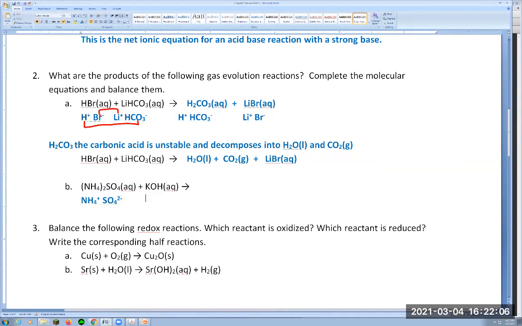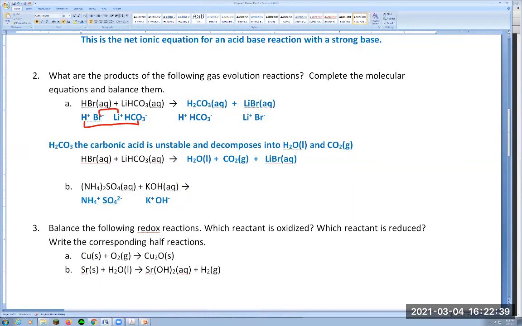Then the second reactant has the K. K is an alkali metal from group 1A, so that's K plus. And then we recognize the OH minus here, which is the hydroxide ion with one negative charge. So it's important to recognize the hydroxide ion, and those are polyatomic ions that you were asked to remember.